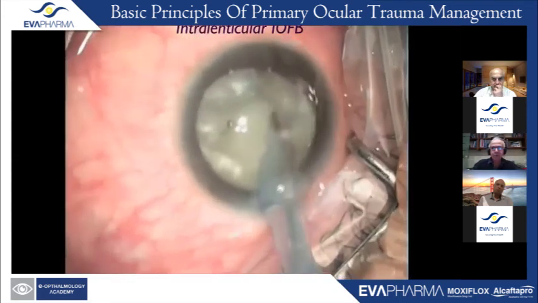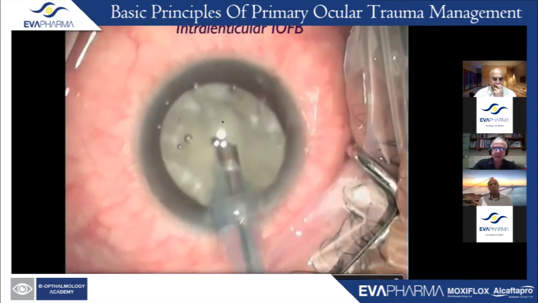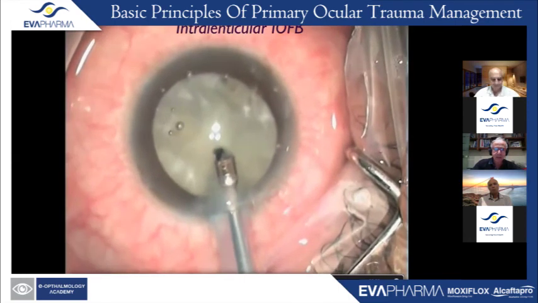So this is one case, and you can see this is a cataract. In this very lucky patient, we found that the intraocular foreign body was impacted in the lens, and it was easily removed during the phaco, and you just remove the cataract.